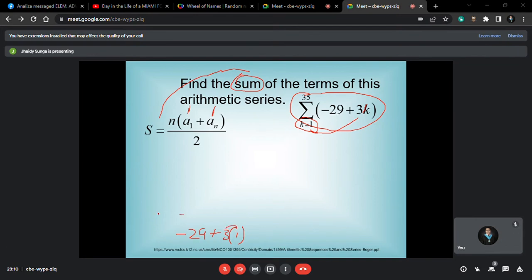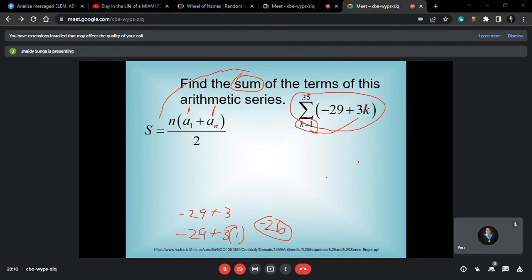So, negative 29 plus 3 will be negative 26. Are you getting it? We substituted that for us to know the first term. So we have the first term, negative 26.